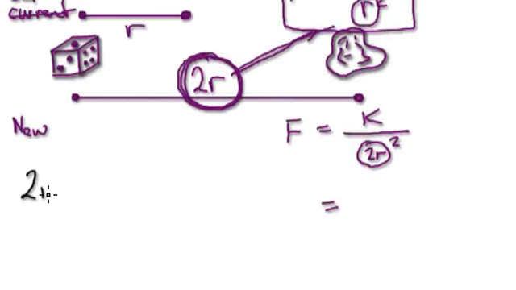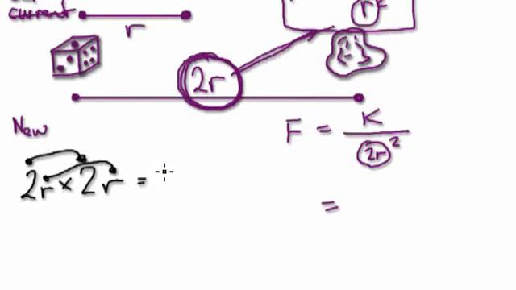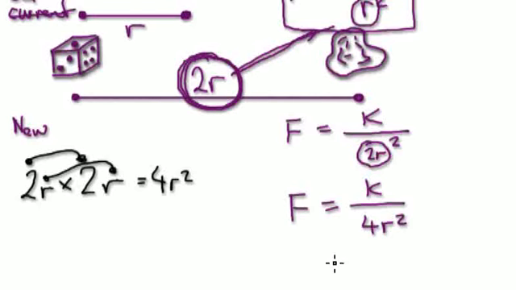What's 2r squared? 2r squared means 2r times 2r. So you would get a number times a number, letter times a letter. So this becomes 4r squared. So F equals a number that we don't care about over 4r squared.